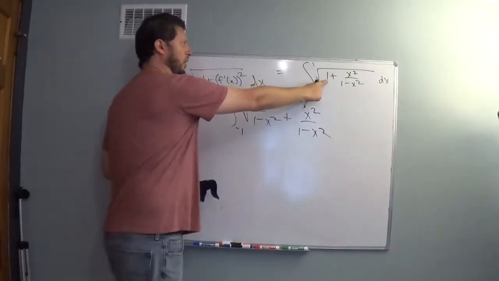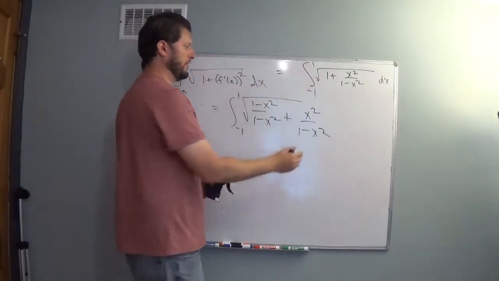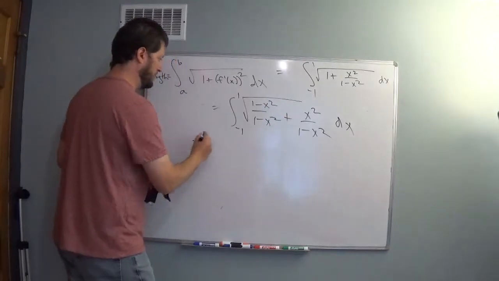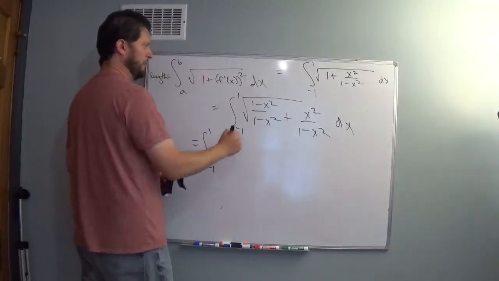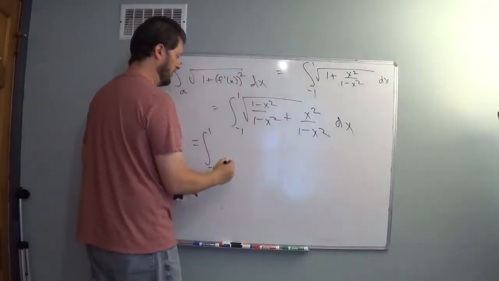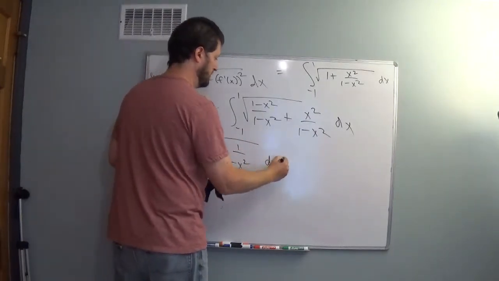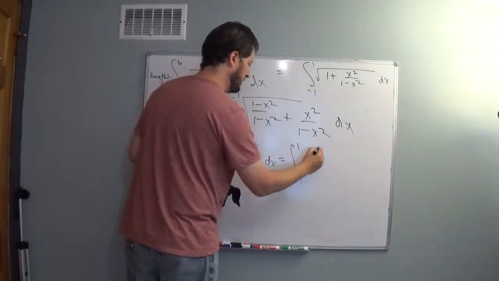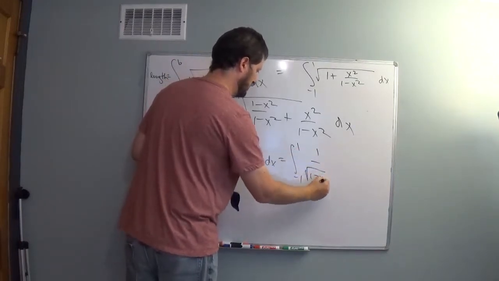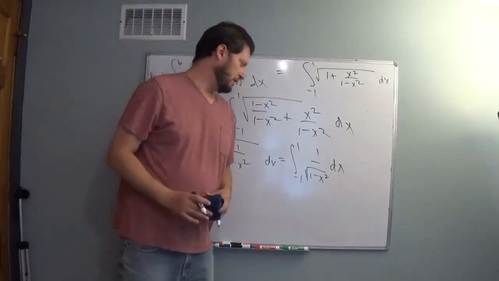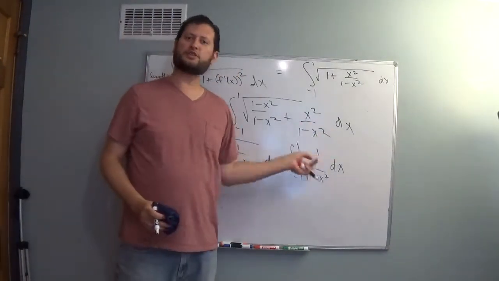Now I can add these two things up, and by doing so, the x squares cancel off and I get the square root of 1 over 1 minus x squared. And we end up with this integral.